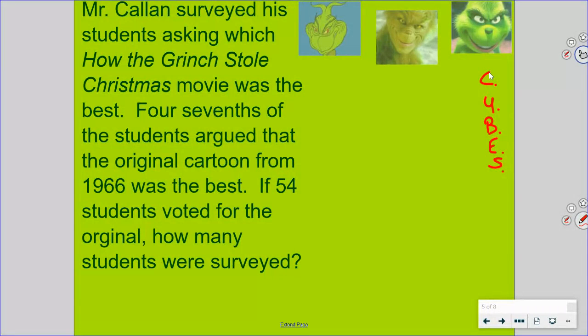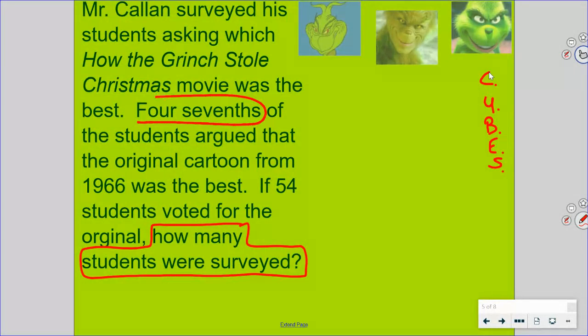Now, the first thing I do is look at the question. Before I even look at what numbers are important, what key math terms are there, what is it asking us to find? It's asking us basically to find how many total students there were. Then I go back and say, well, 4/7, that's a key quantity, argued for the original. 54 what? 54 students voted for that original.